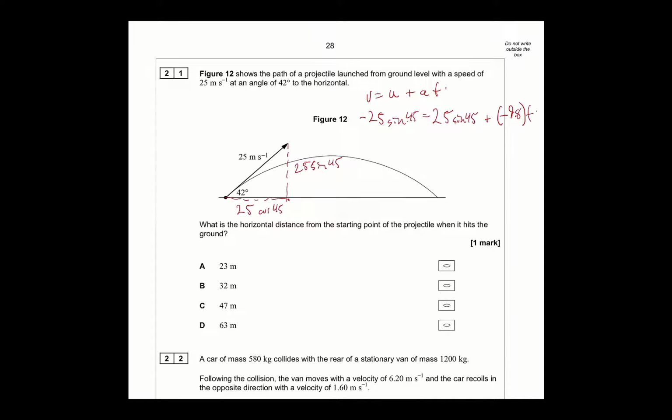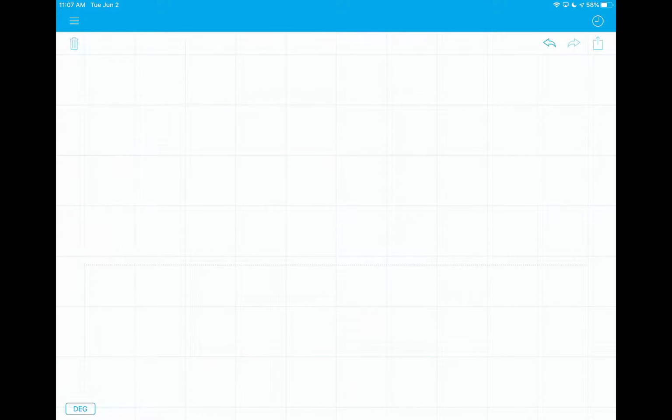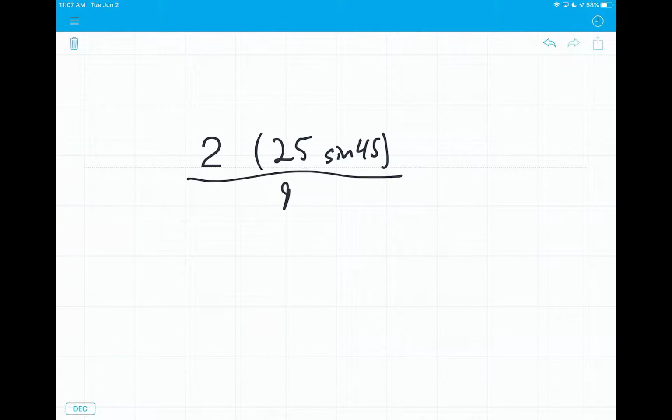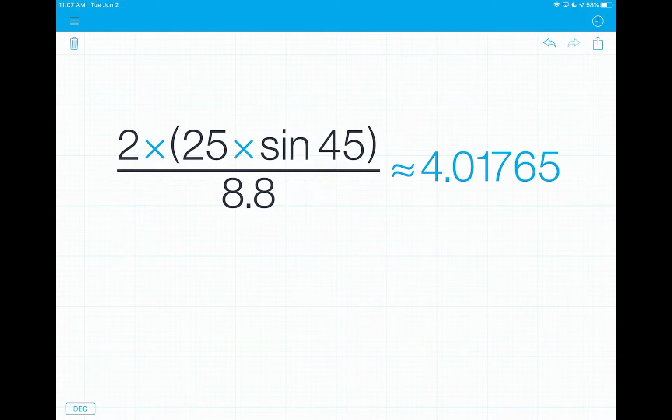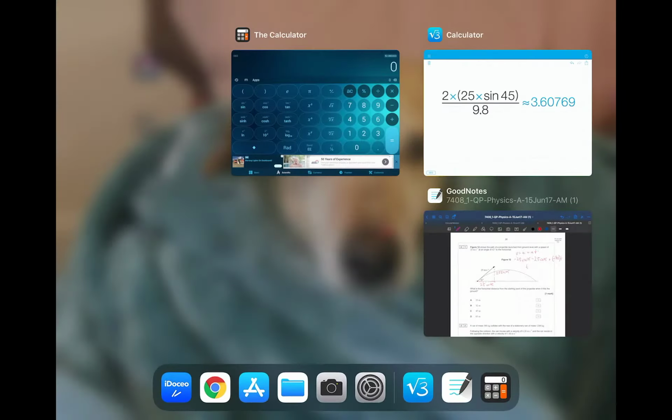Okay, so if we solve for t, 2 times 25 sine 45 divided by 9.8. You notice I was able to just leave out my negatives because they will all end up canceling out. So 3.6 seconds.